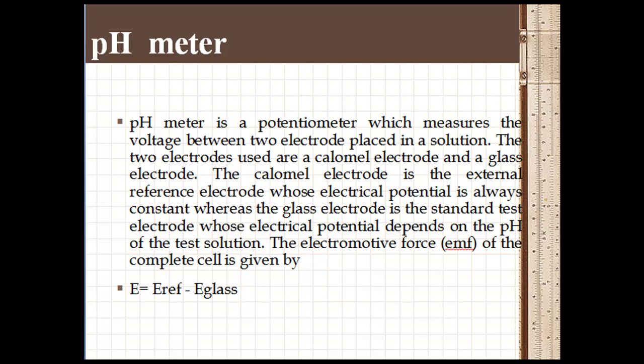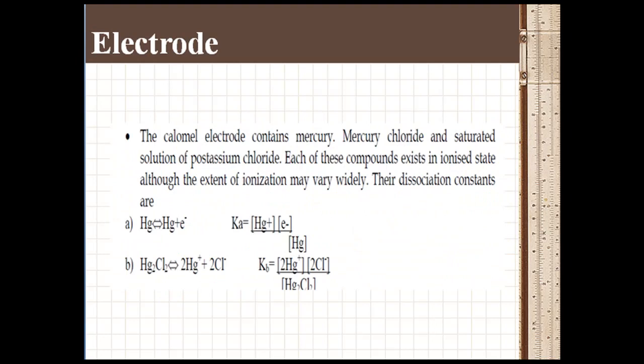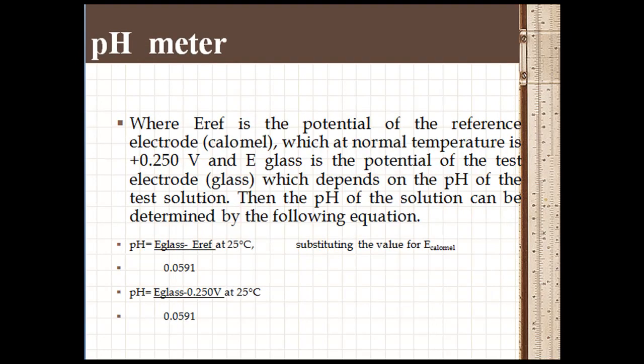Then the pH of the solution can be determined by the following equation. pH equals E glass minus E reference over 0.0591 at 25 degrees Celsius, substituting the value of E calomel.